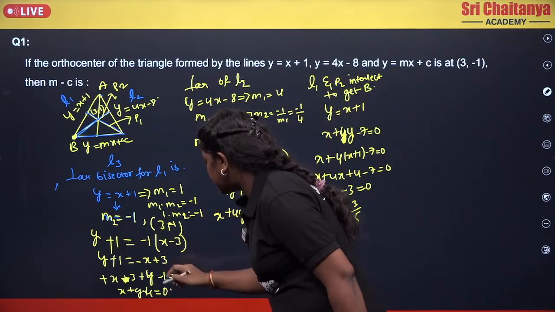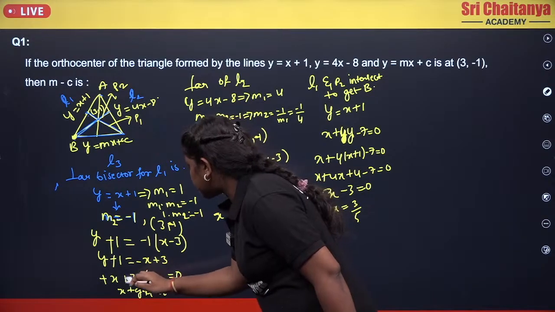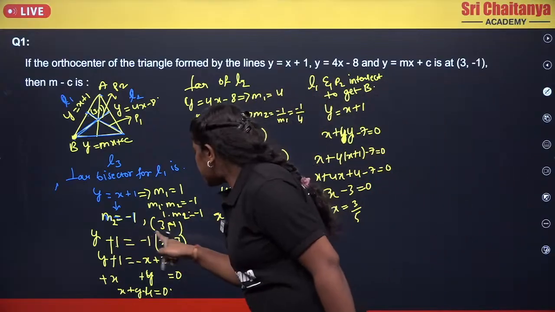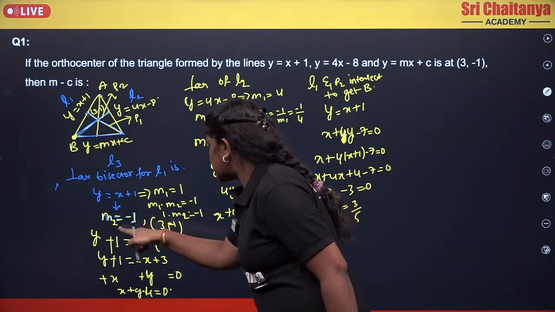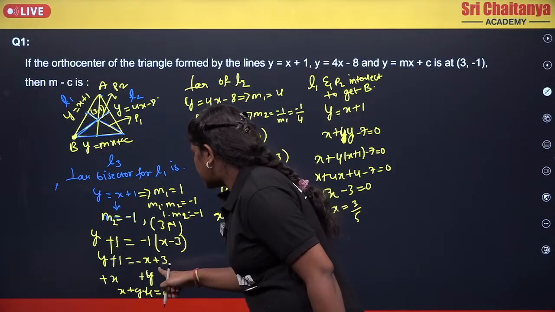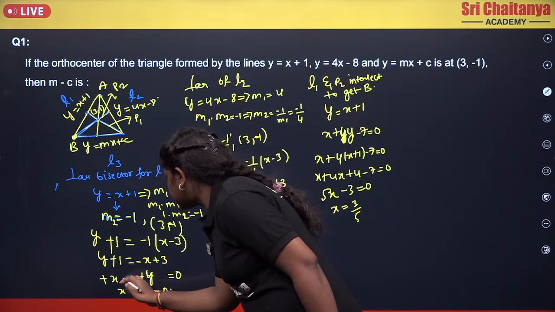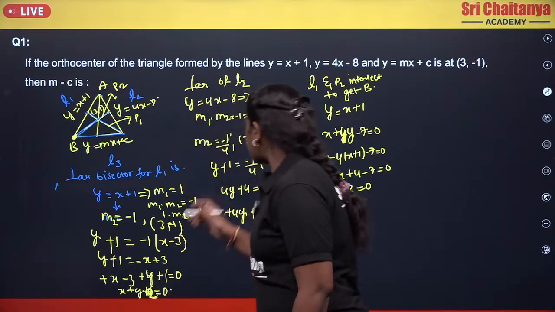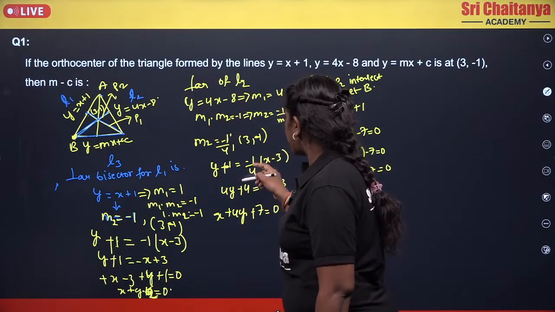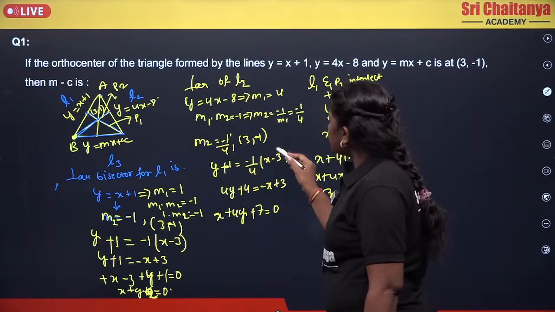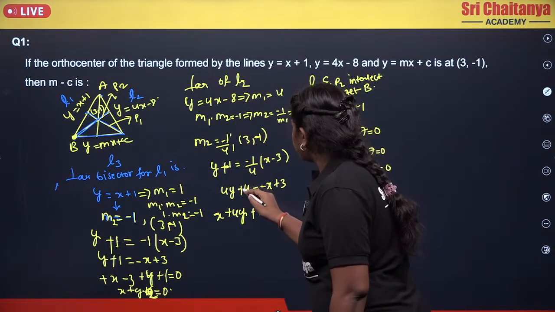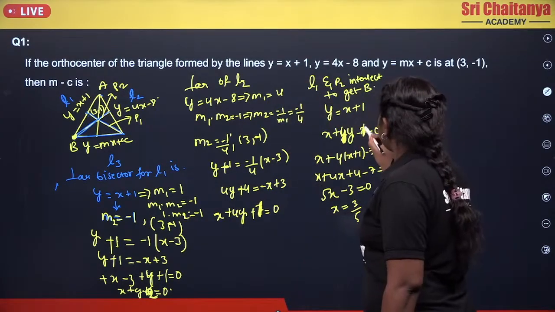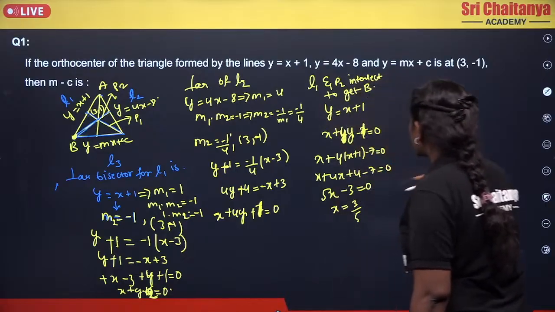So y plus 1 and plus 1 and minus 3, which gives minus 2. Here also y plus 1 equals minus 1 by 4 times (3 minus 1)... 4 minus 3 will give you 1.